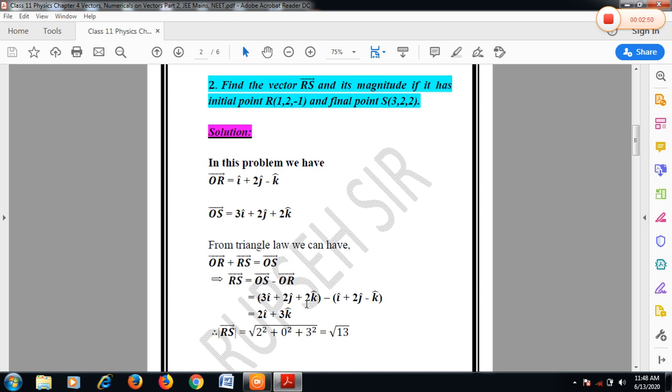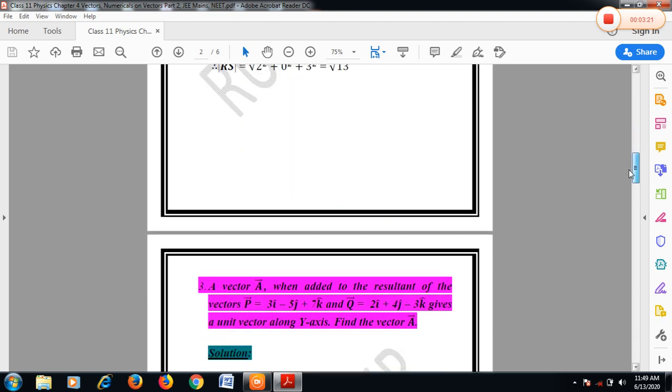We are just putting the values of OS vector and OR vector here. So we have vector RS equals 2 i cap plus 0 into j cap plus 3 k cap, right? So the modulus of vector RS equals root over 2 square plus 0 square plus 3 square, which results in root 13. Okay, so let us move forward to the third question.